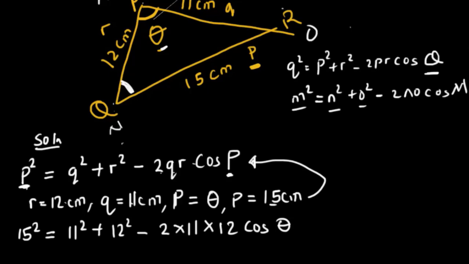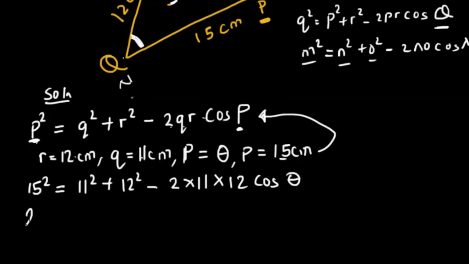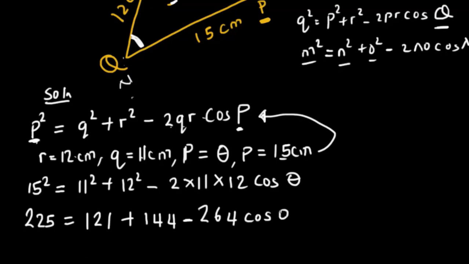15 square is 15 times 15, and that will give us 225. So we have 225 equals 11 square, which is 11 times 11, that is 121, plus 12 square, which is 12 times 12, that is 144, minus 2 times 11 is 22, 22 times 12 is 264, so we have 264 cos theta.